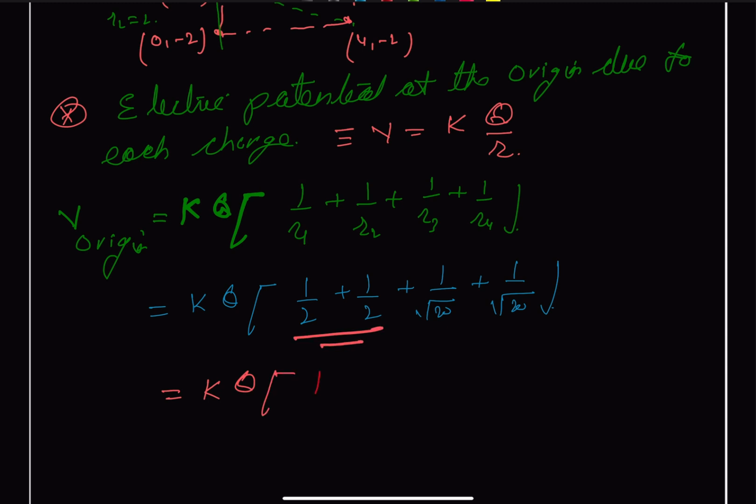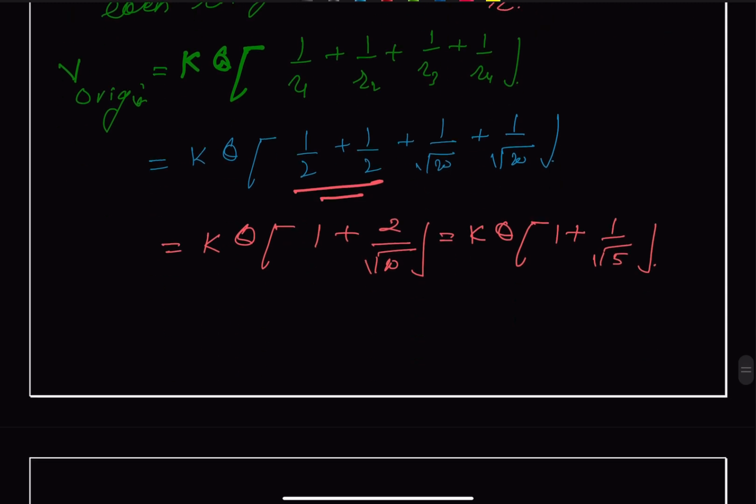So this will be 1, and this comes as 2 upon square root of 20. We can just solve it. Square root of 20 is 2 square root of 5. So this comes as KQ (1 plus 1 upon square root of 5).